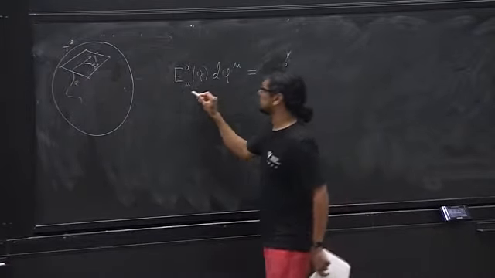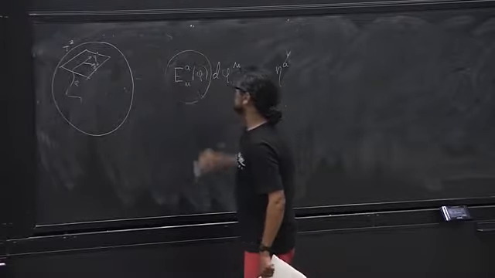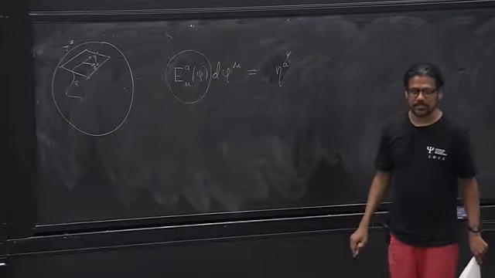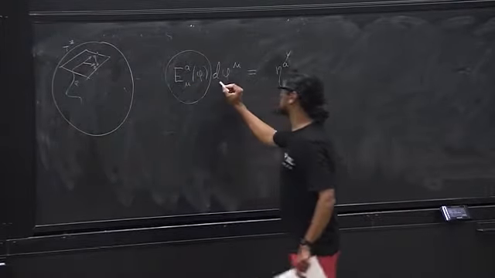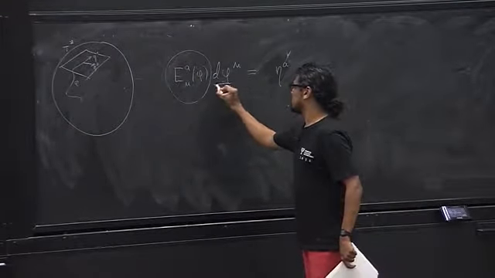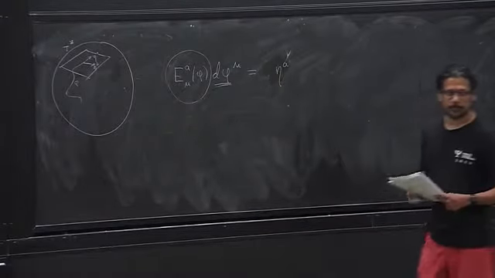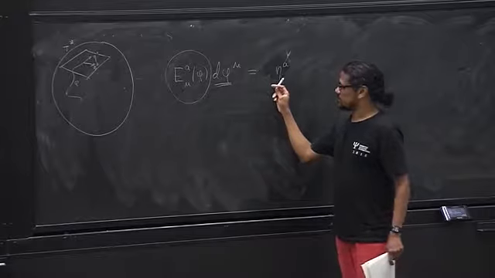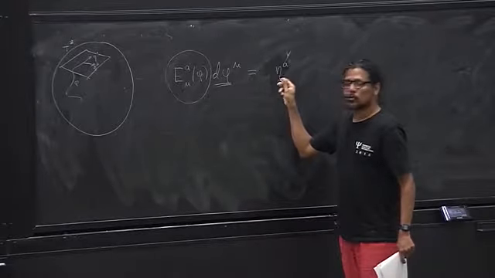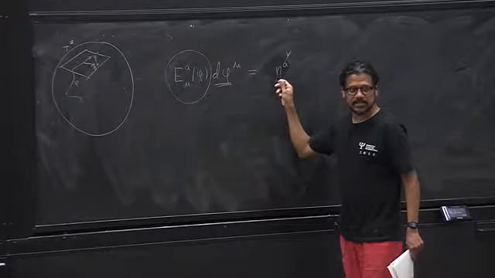And what these e's do is that it tells me how to translate between the coordinate basis, which is of one form, which is d phi of mu, and the non-coordinate basis, which is these eta a's.